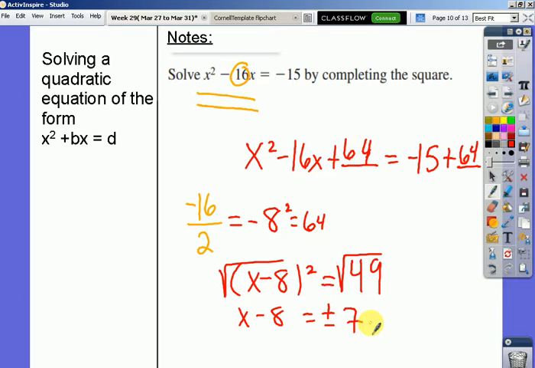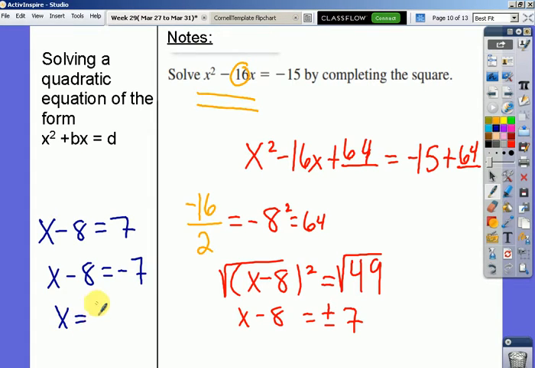But in cases that are very difficult to factor, this might be your only choice. Yeah? So now I have two equations. x minus 8 equals 7, and x minus 8 equals negative 7. And then I just add 8 to both sides, and I get exactly what I got before. I get x equals 15, and x equals 1. I just solved that quadratic equation by completing the square.